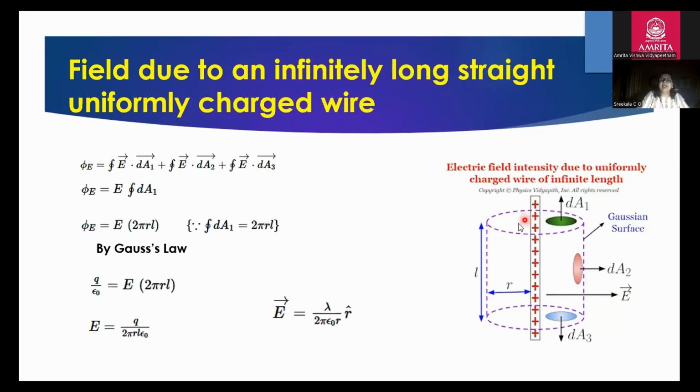Now, how many surfaces does a cylinder have? 3 surfaces are there: 2 base surfaces and 1 curved surface.